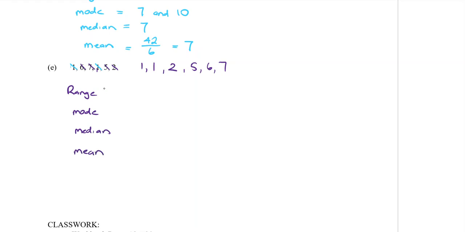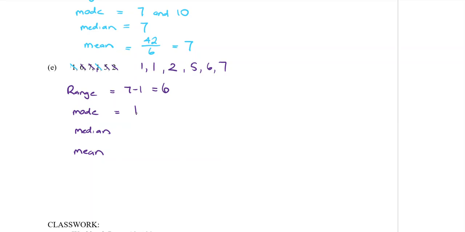All right, range is highest minus lowest. So it is 7 take away 1, which is 6. Mode means most. 1 happens the most, so mode is 1.